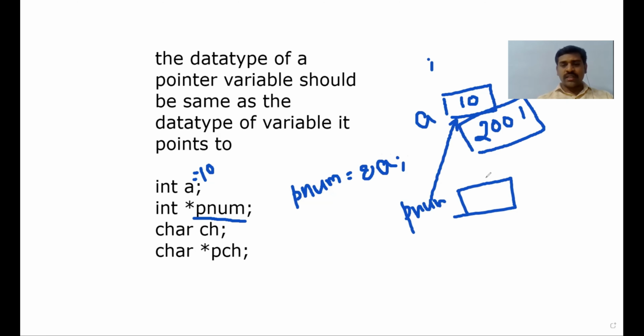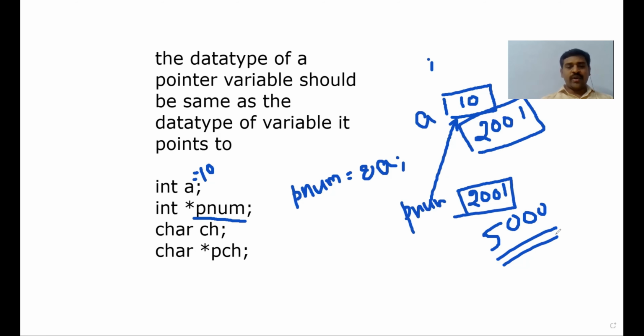So this 2001 will be stored here, and this pointer is a variable, so it has some memory location. Let us say the address of pnum is 5000. What is the value stored in pnum? The address of a, which is 2001. Therefore 2001 will be stored in the pnum variable.